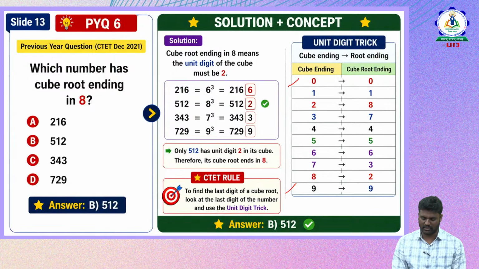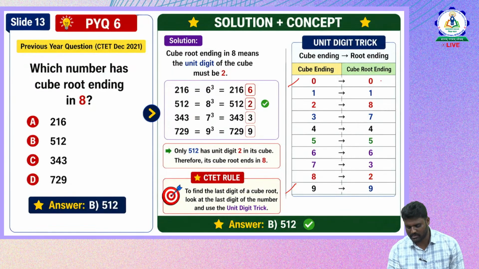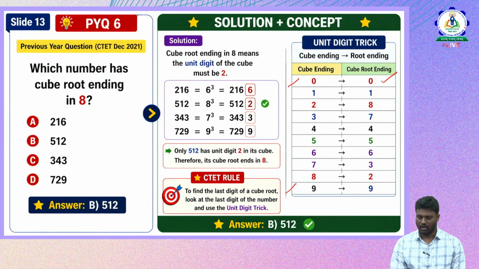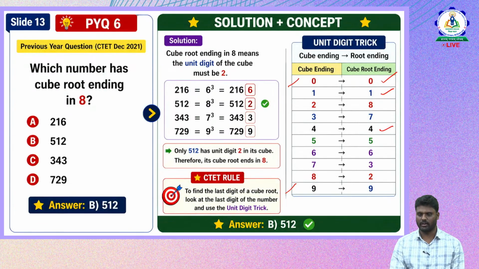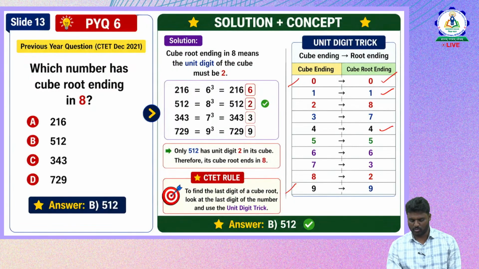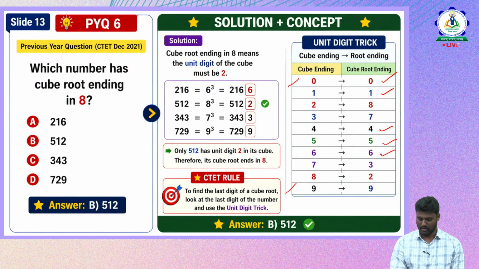Let us see that. 0 always has cube ending with 0, 1 always ends with 1. The cube of 4 always ends with 4. Then the cube of 5 always ends with 5, and the cube of 6 always ends with 6. And the cube of 9 always ends with 9. So there are 6 numbers which end with the same number only. This is the pattern which we need to remember.